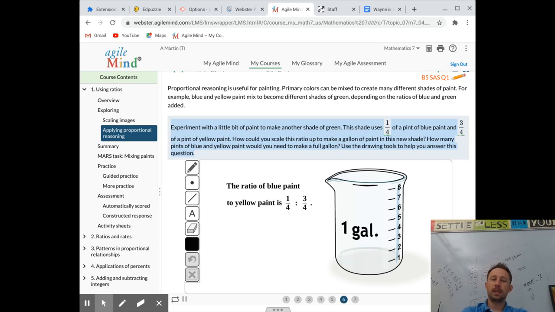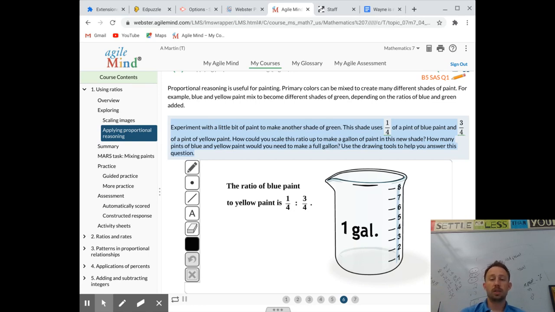All right, so looking at this, basically there are 2 pints in 1 quart. In this case, that would mean that there are 8 pints in 1 whole gallon. And it says this shade uses 1/4 of a pint of blue and 3/4 of a pint of yellow.